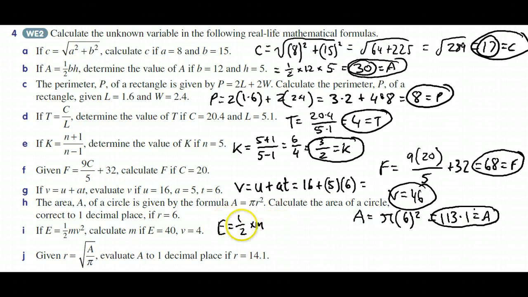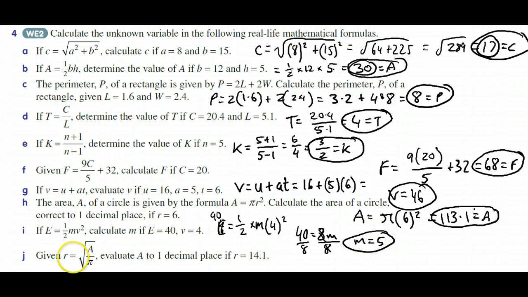E equals 40, so we can change that to 40, and V equals 4, and that is squared. So 40 equals half times m times 4 squared, which is 16, so 16 times half is 8, so it's actually 8m. Divide both sides by 8 to get rid of that 8 there, and we've got m equals 5.